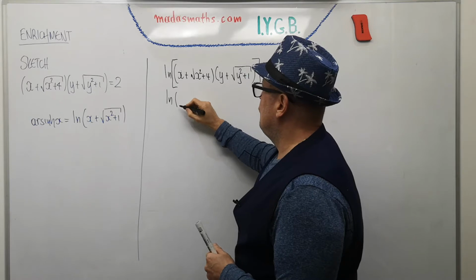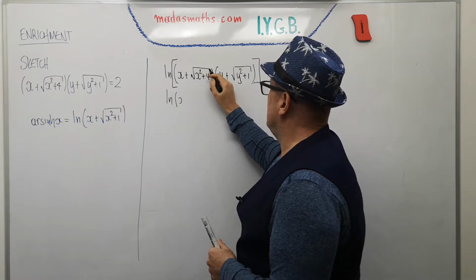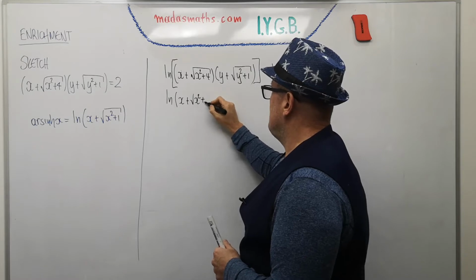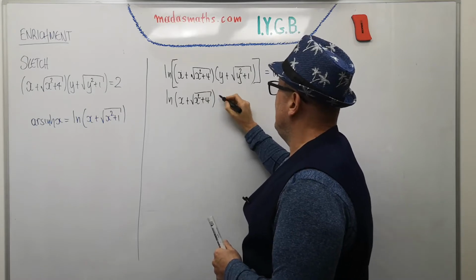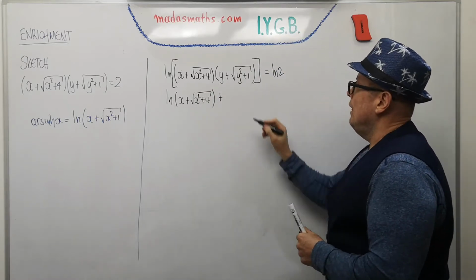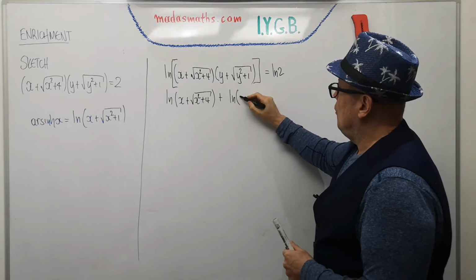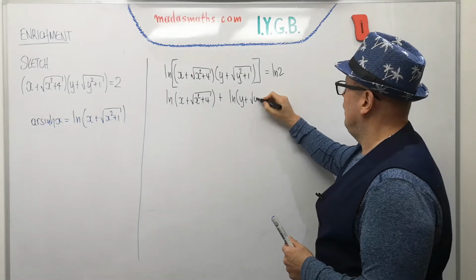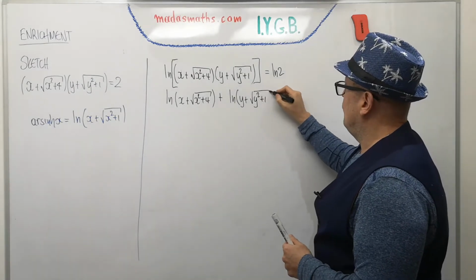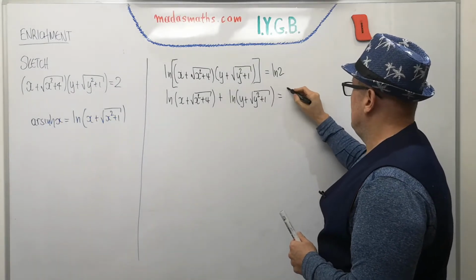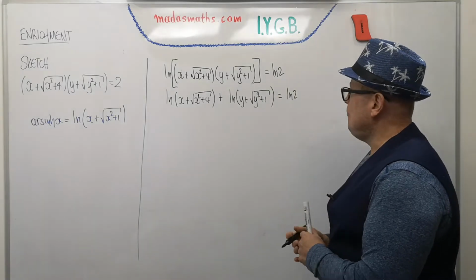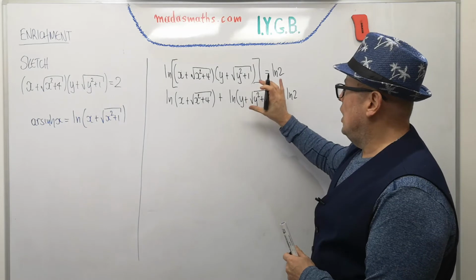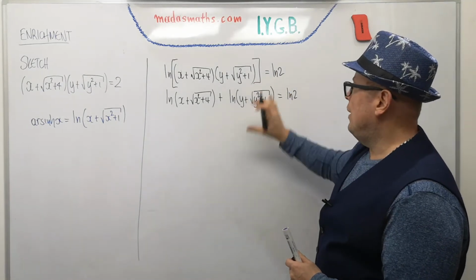So the log of x plus the square root of x squared plus 4, plus now the log of this quantity, which of course will be the arsinh, so we can replace it at any stage we are ready, is equal to the log of 2. So of course this is the arsinh of y.